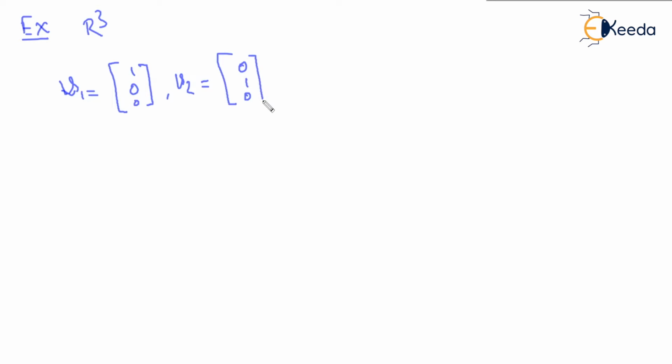Let's say, for example, for three-dimensional space, v1 equal to 1 0 0, v2 equal to 0 1 0, and v3 equal to 0 0 1.